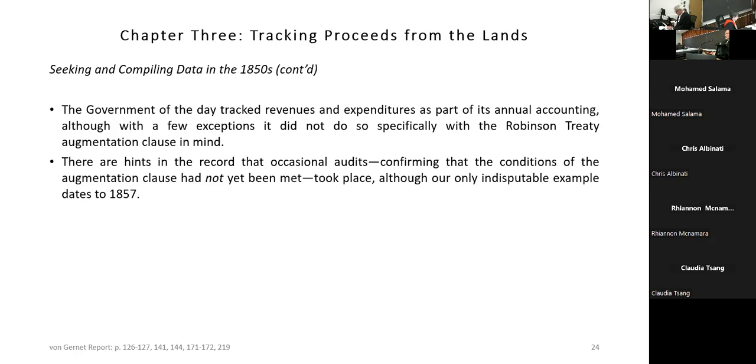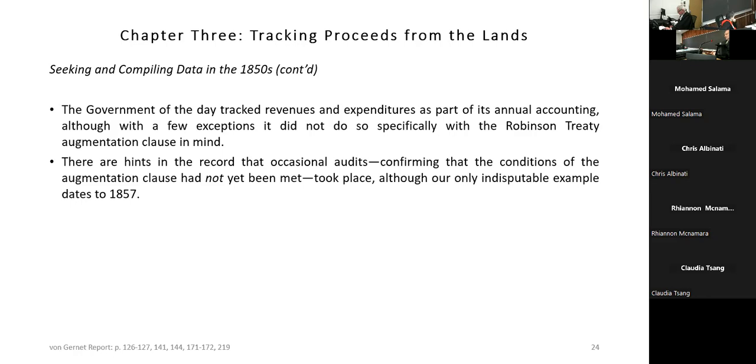That's unsurprising. Of course, they did that. However, with few exceptions, it didn't do so specifically with the Robinson Treaty augmentation clause in mind. And so we do have an indisputable example of that in 1857.